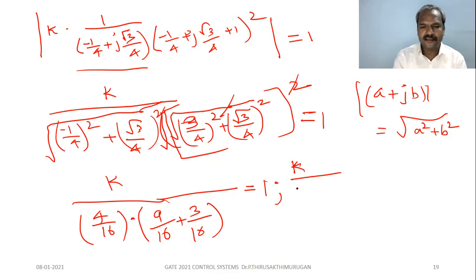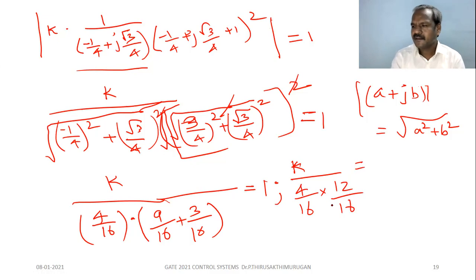So k divided by 4 by 16 into 12 by 16 equals 1.